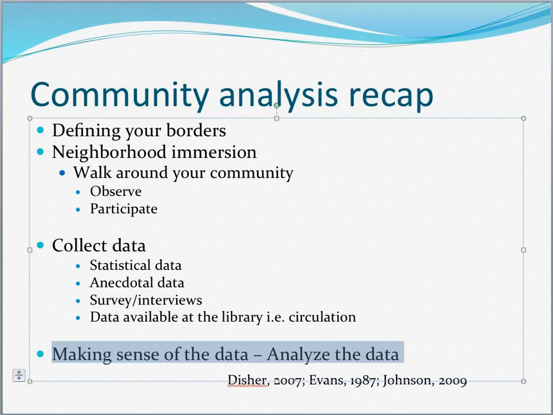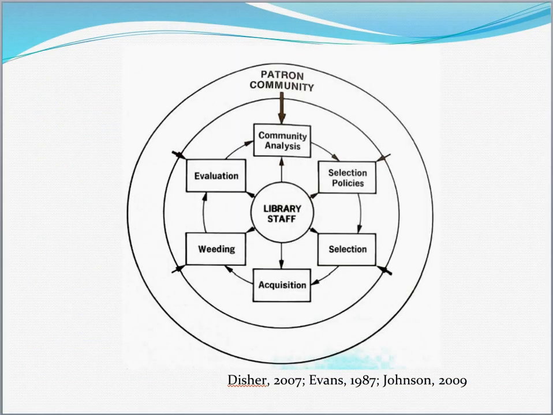Let's go back for a second to this first figure, because I think it is very important. Here, Patron Community, please make a note that we're talking about active users and potential users. In the community analysis, we have a picture of who they are and what they want in terms of information resources.